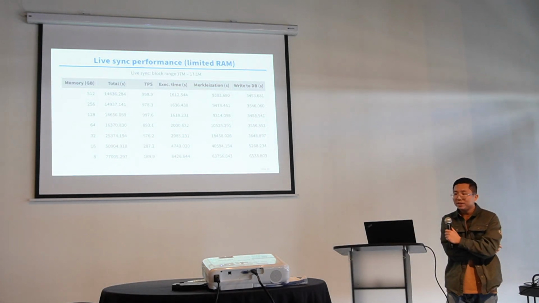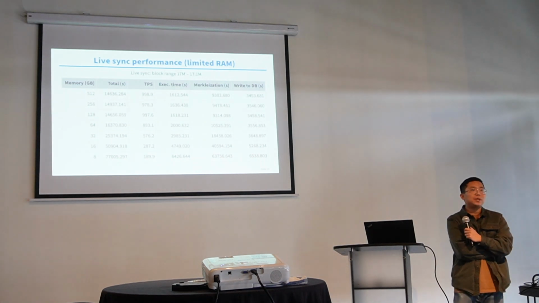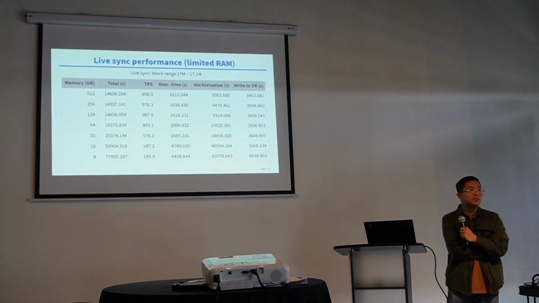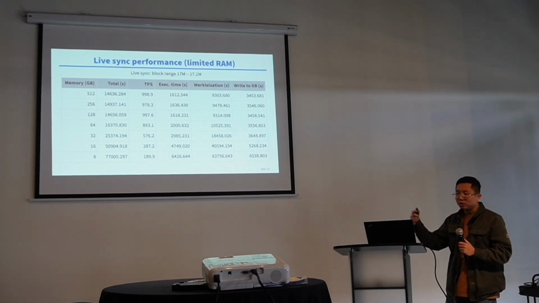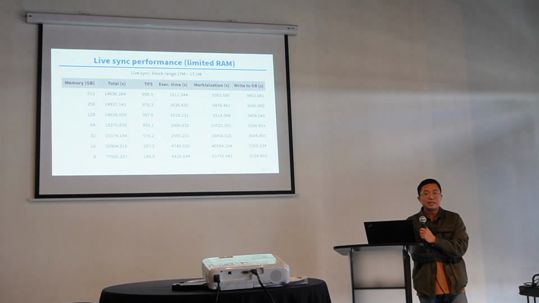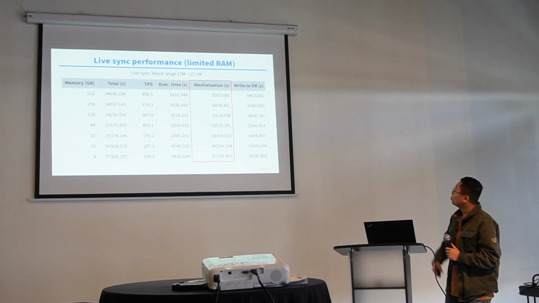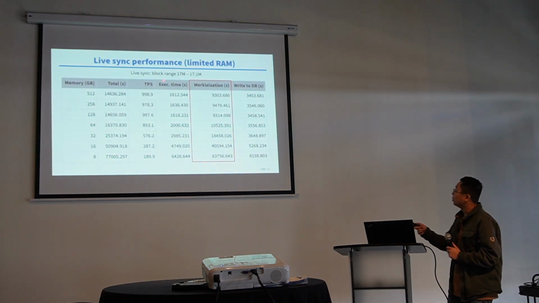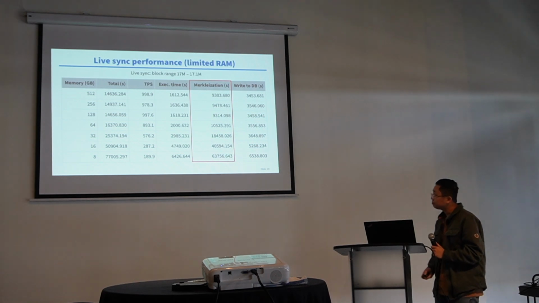So to make things even worse, now what if we can't fit the MPT in memory? We reran the live sync experiment also under different memory limits. So this table summarizes the result. It's easy to see that, first of all, the Merkelization cost far exceeds the other costs, for example, the execution cost and the data persistence cost.